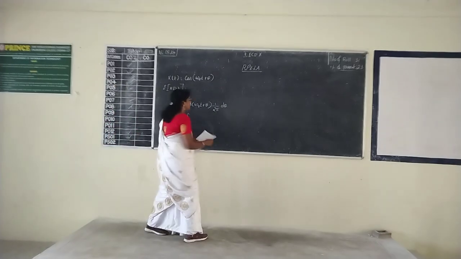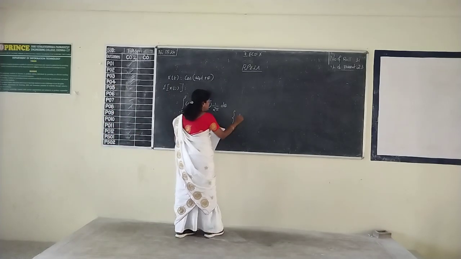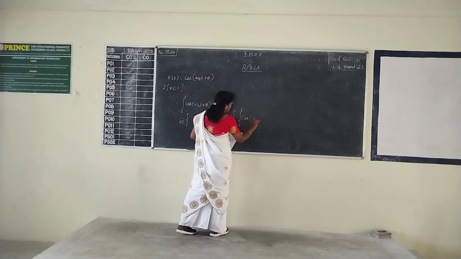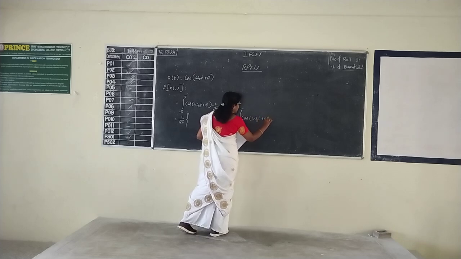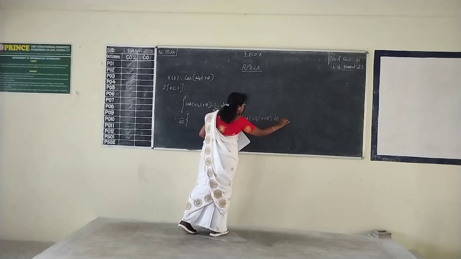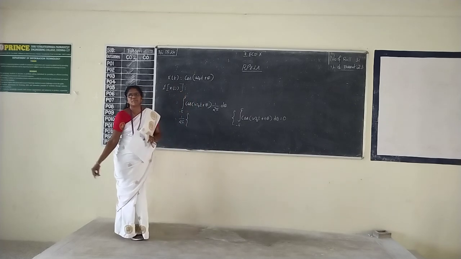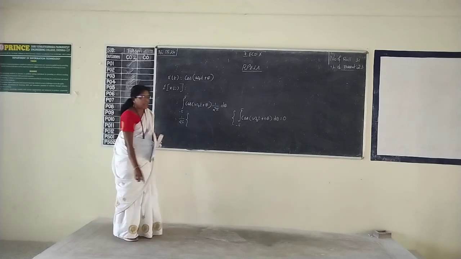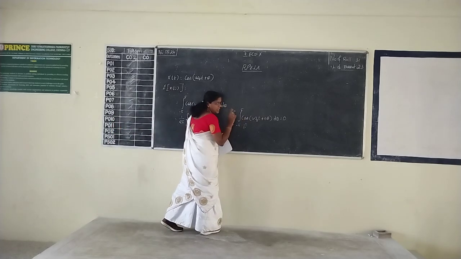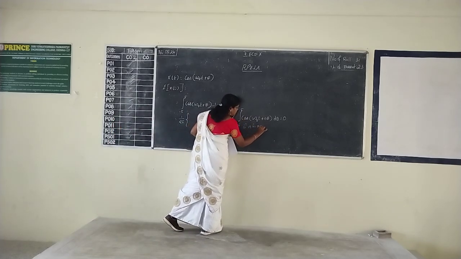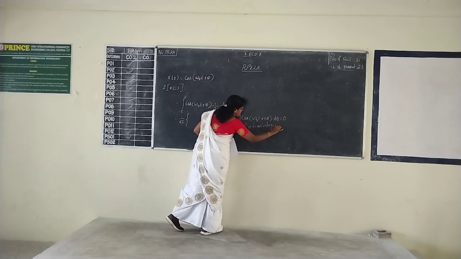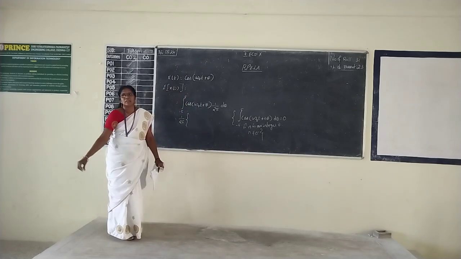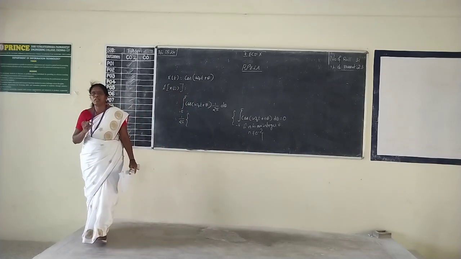So the formula we are going to apply is the integral from minus pi to plus pi of cos of omega naught t plus n theta d theta is equal to 0, only if n is an integer and n is not equal to 0.